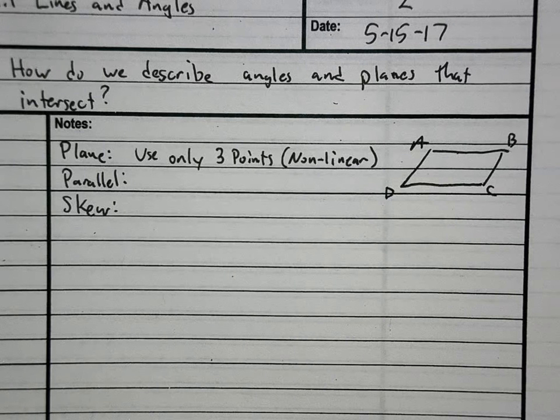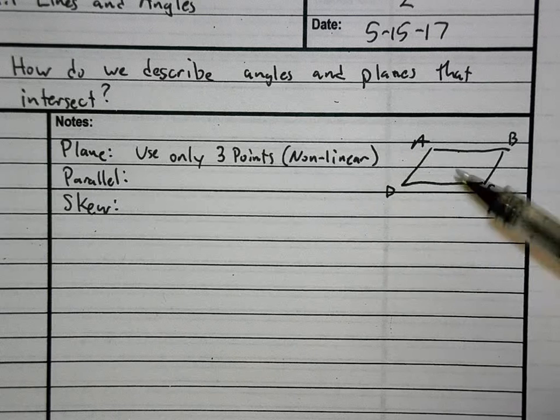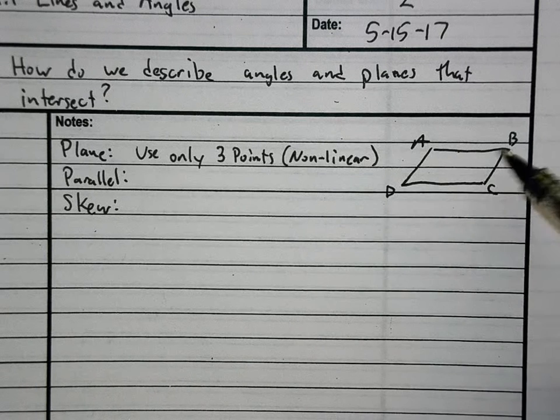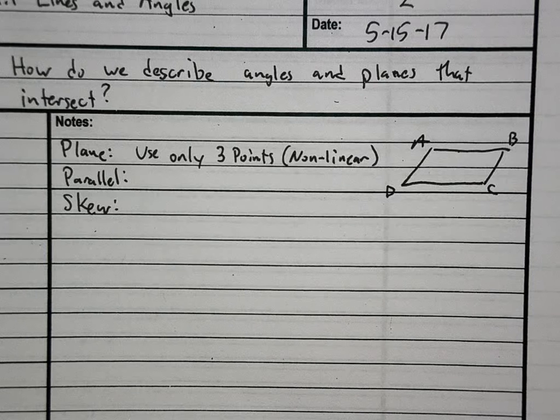You don't write all four letters when you're writing out what plane it is. You can pick any three letters that you want, as long as they are non-linear, as long as those three points are not on the same line. I could use ABC, CAD, or if I want to, I can even use plane DAB.